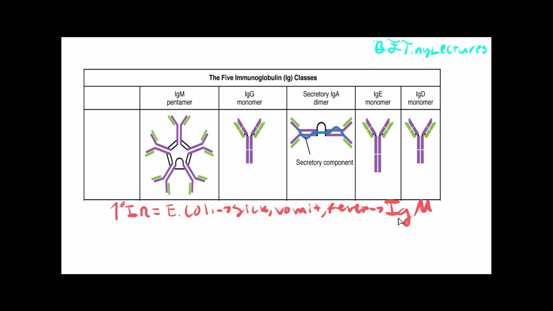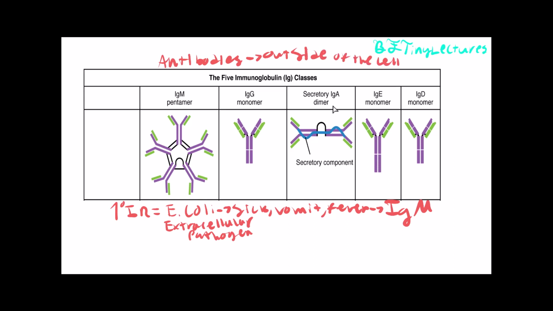So now the body is using IgM to get rid of this E. coli bacteria. So this is an extracellular pathogen. It also works for parasites. So really, antibodies are going to be targeting things outside of the cell.